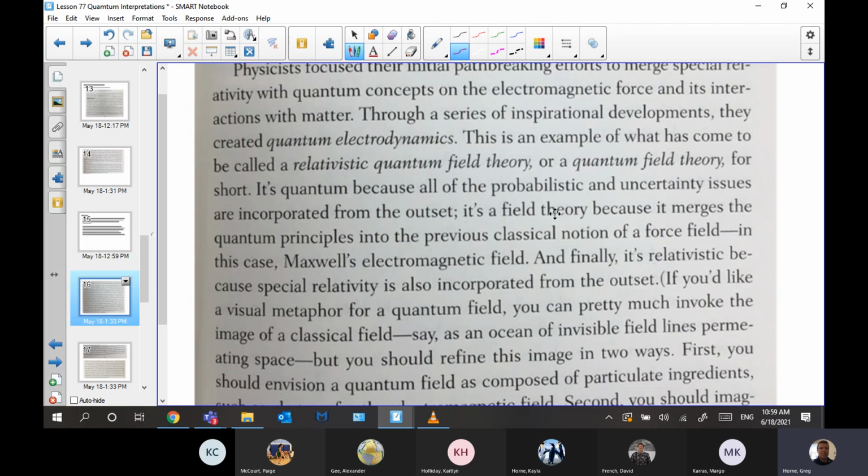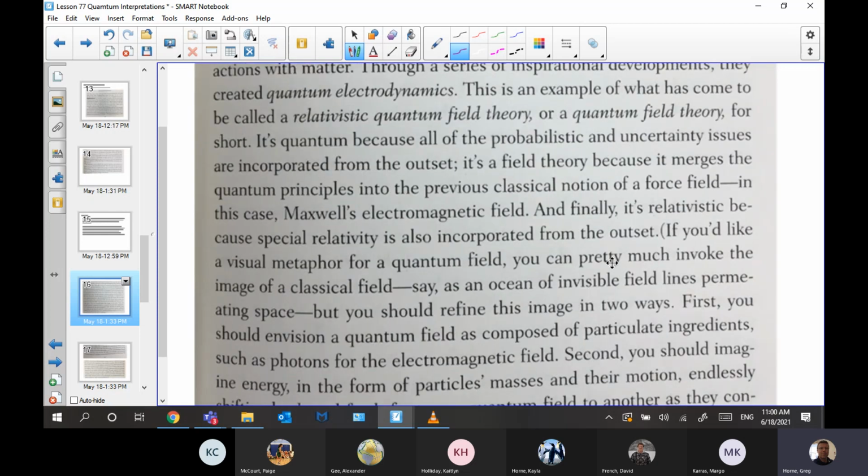So they incorporated the idea of random probabilities for particles into that wave theory and made a relativistic quantum field theory. So they incorporated special relativity, quantum mechanics, and the wave stuff. And finally, it's relativistic because special relativity is also incorporated from the outset.